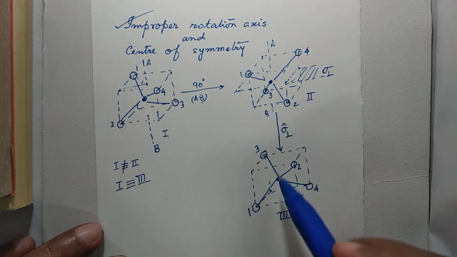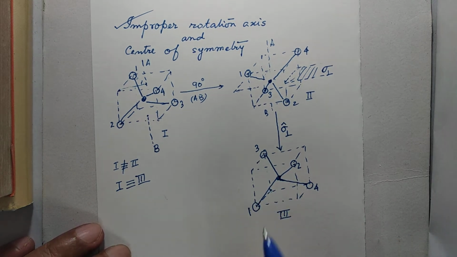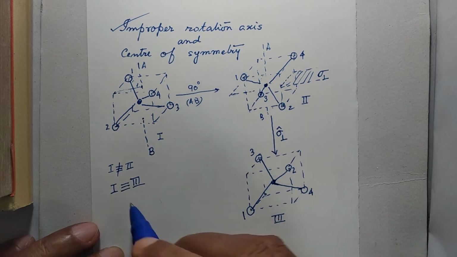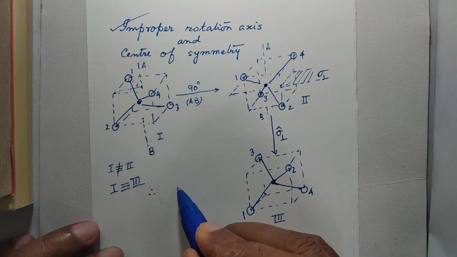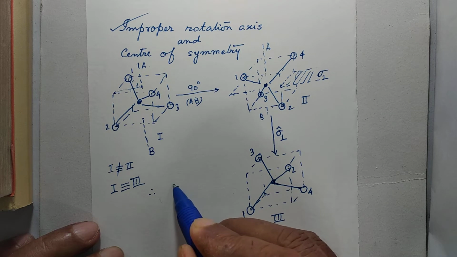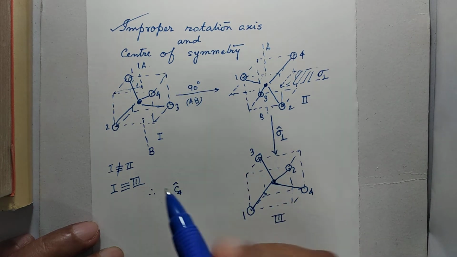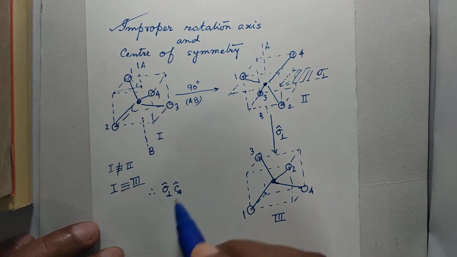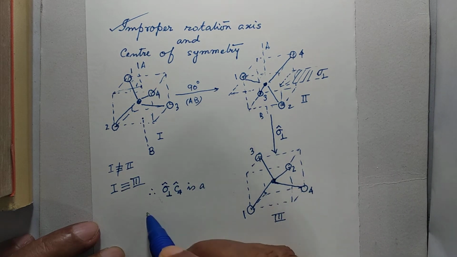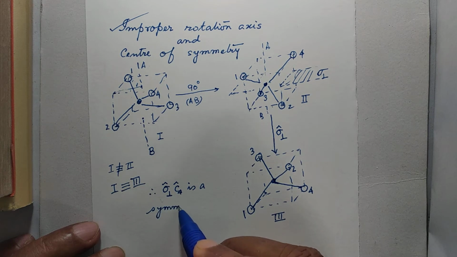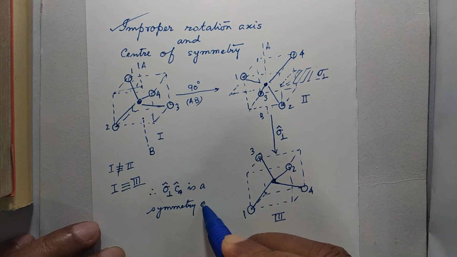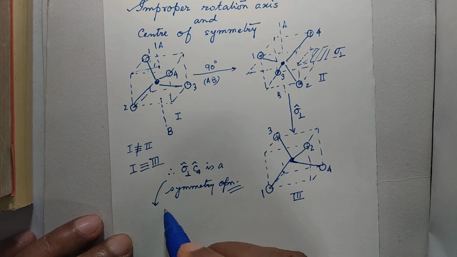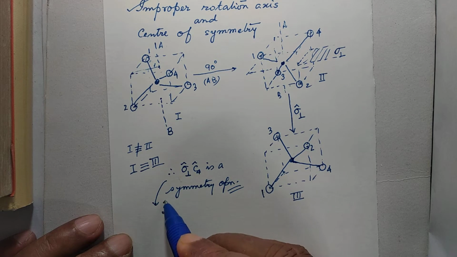Therefore, this whole operation is a symmetry operation, because we know that all symmetry operations produce equivalent configurations. Therefore, the combined operation, a C4 operation followed by a perpendicular reflection operation, is a symmetry operation. We call it an improper rotation, a 4-fold improper rotation operation.